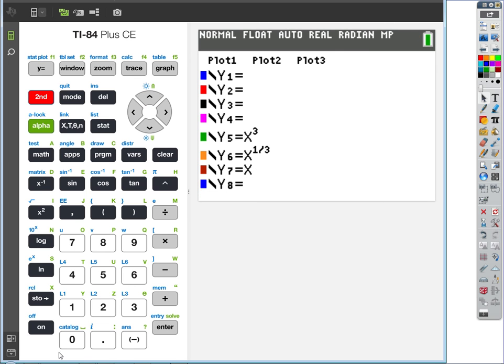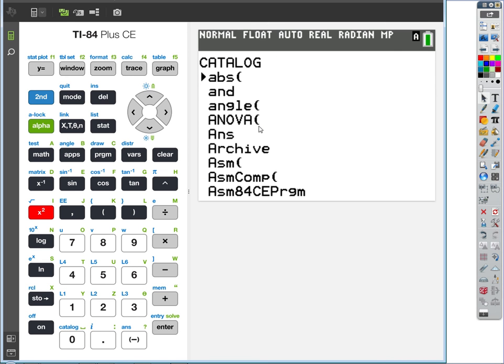So if you go second catalog, that gives you every function on the calculator. Notice that I've got an A highlighted up here, which means I'm already in alpha. And so if I just type the key corresponding to the alpha I, it takes me down to the I's, and there it is, INT. So everything is on there. It's an exhaustive list.